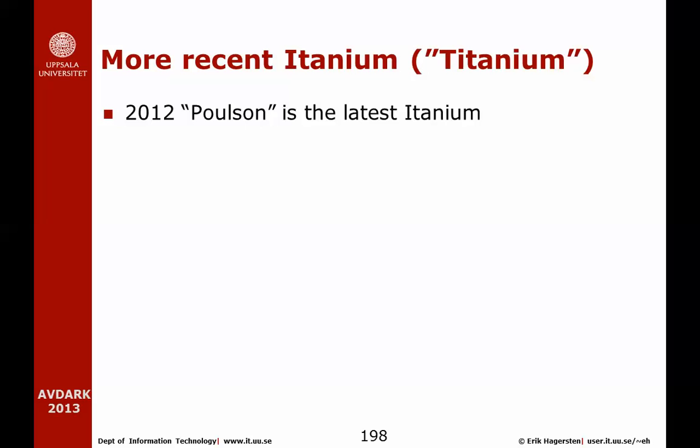So Intel last year released a new version of Itanium. Actually, some people refer to this as Titanium because they don't give the Itanium line of processors great hope for the future. Anyhow, a new processor was released. It's very impressive. The only thing that's not impressive with this processor is its market share.